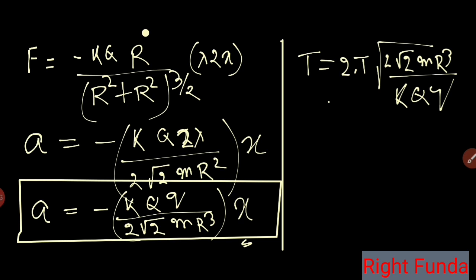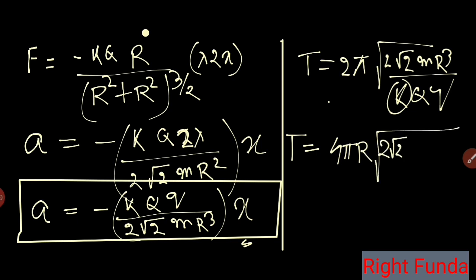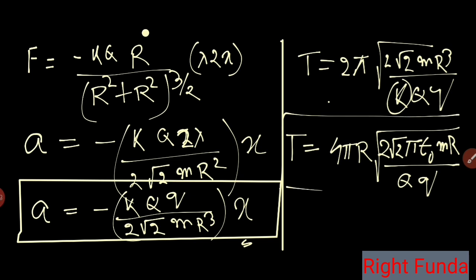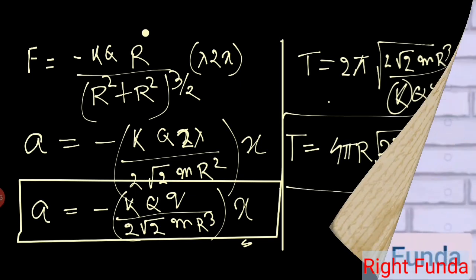Now we can substitute k equal to 1 by 4 pi epsilon naught, and we end up with the answer: T is equal to 4 pi R under root of 2 root 2 pi epsilon naught m R divided by Qq. This is the time period of oscillation of the rod along the axis.